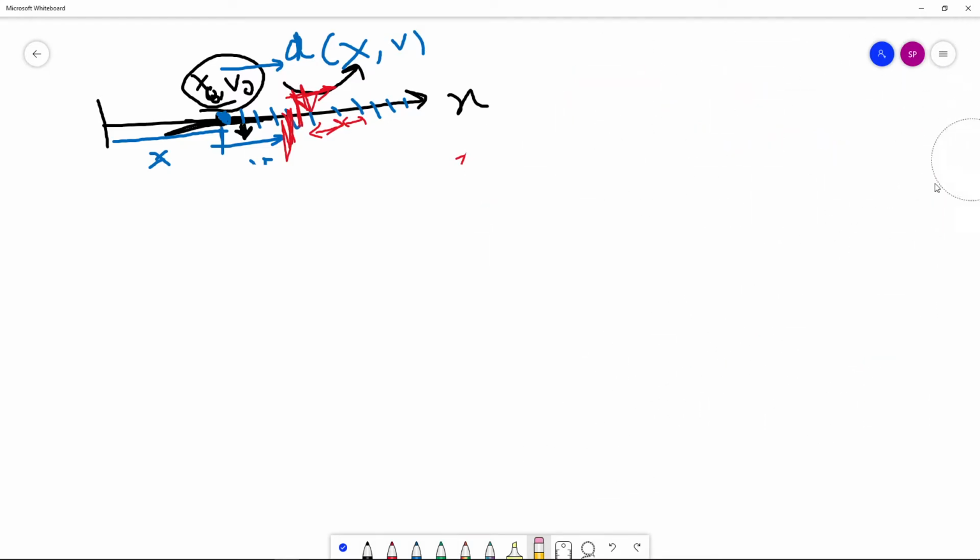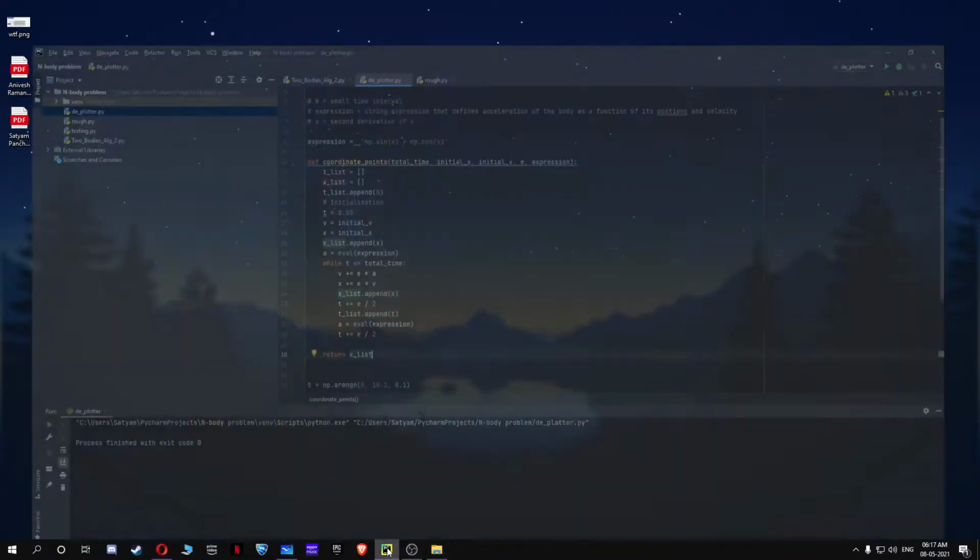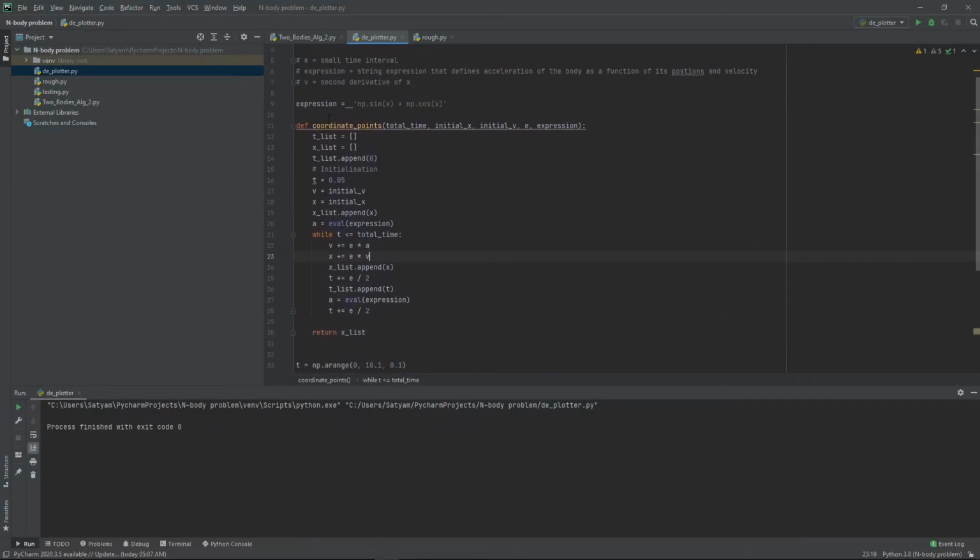So this was the whole solution. So let me just show you the program. Here is the program. This is the different coordinate points. I defined this function as coordinate points because it's calculating the coordinates, and it's taking total time as its argument, initial value of position, initial value of velocity, and this e is a small time interval like 0.01. And there is this expression.